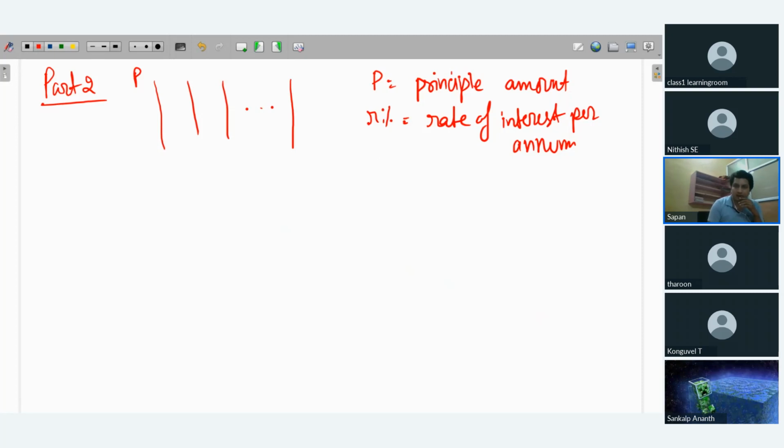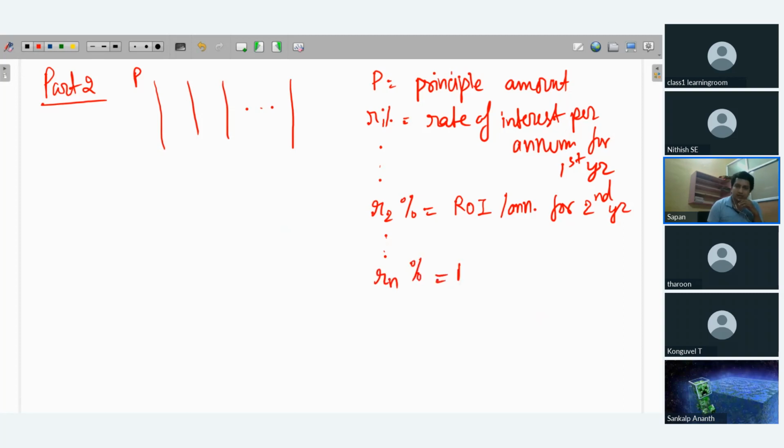But I have R1 percentage per annum for the first year. Similarly, R2 percentage is the rate of interest per annum for the second year. Likewise, Rn percentage rate of interest per annum for the nth year.